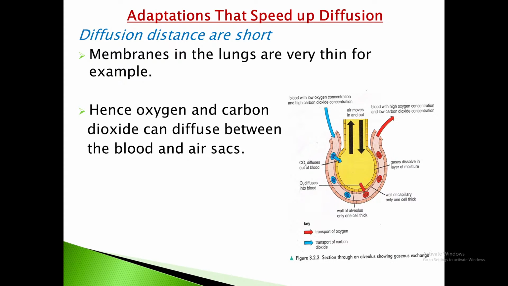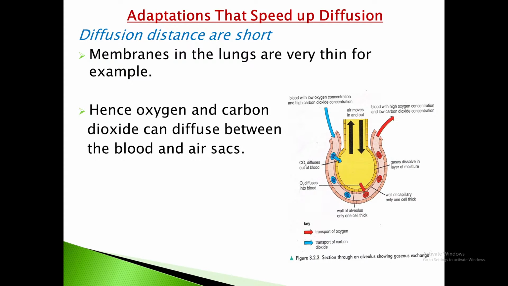Alright, in terms of the speed or the rate at which diffusion takes place, there are some features of those body parts that will be engaging in that process. To speed up the rate of diffusion, there are some things that must exist.